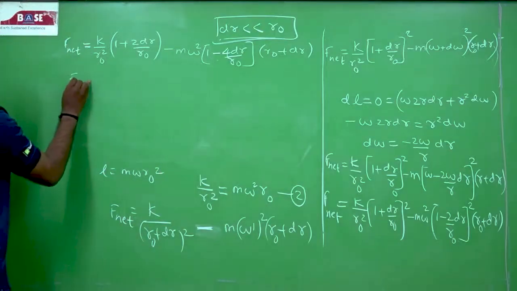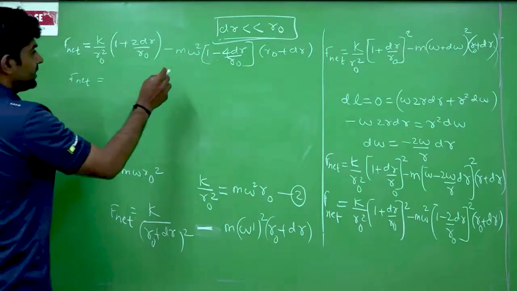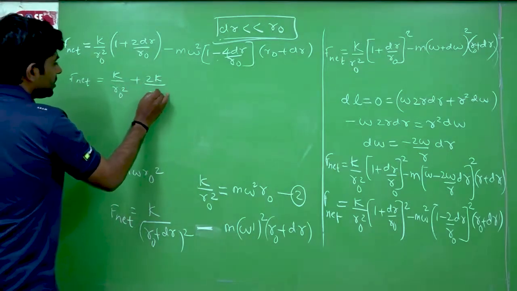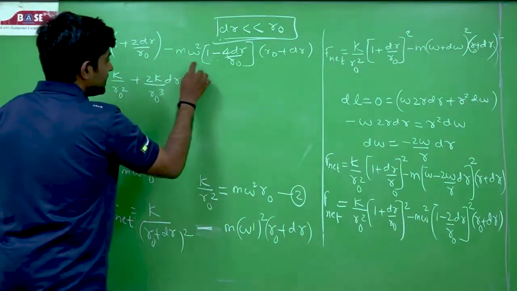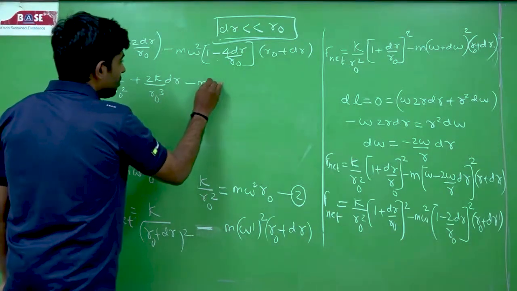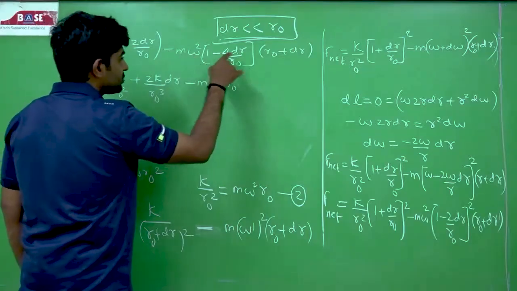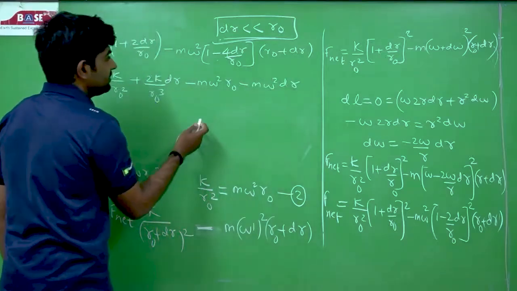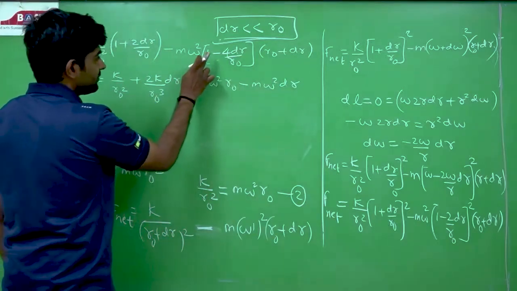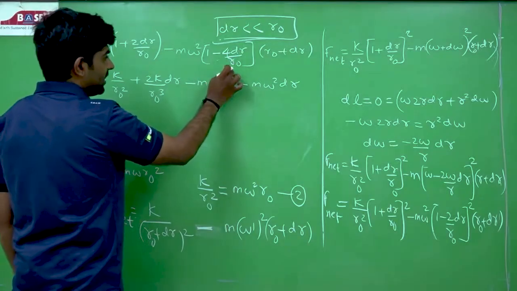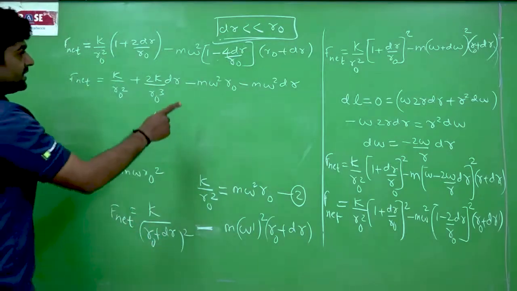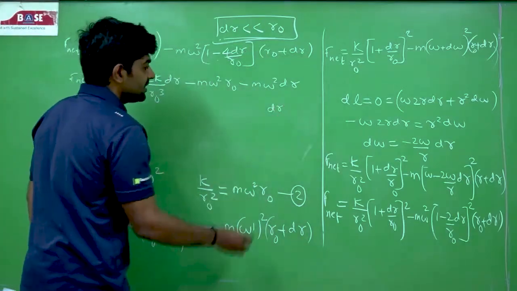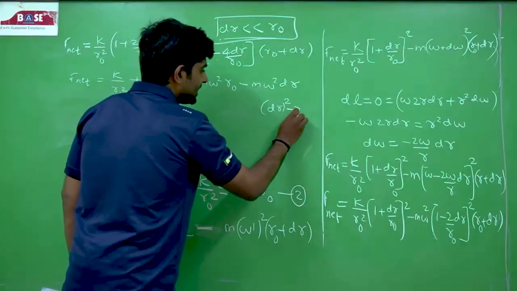When you multiply this, we have k by r naught squared plus 2k by r naught cube dr, minus m omega squared r naught, plus m omega squared dr. And when you observe the term with 4 times dr by r naught, when you multiply dr with dr, dr square will be negligible.